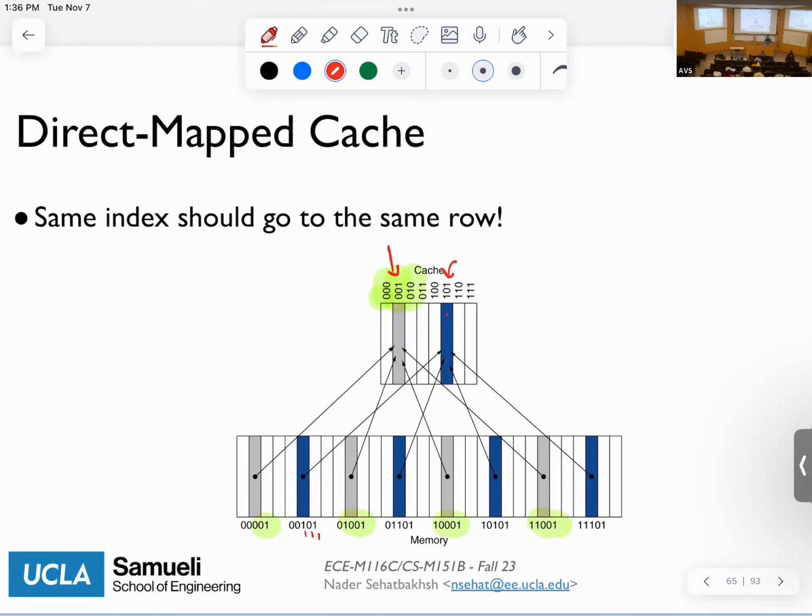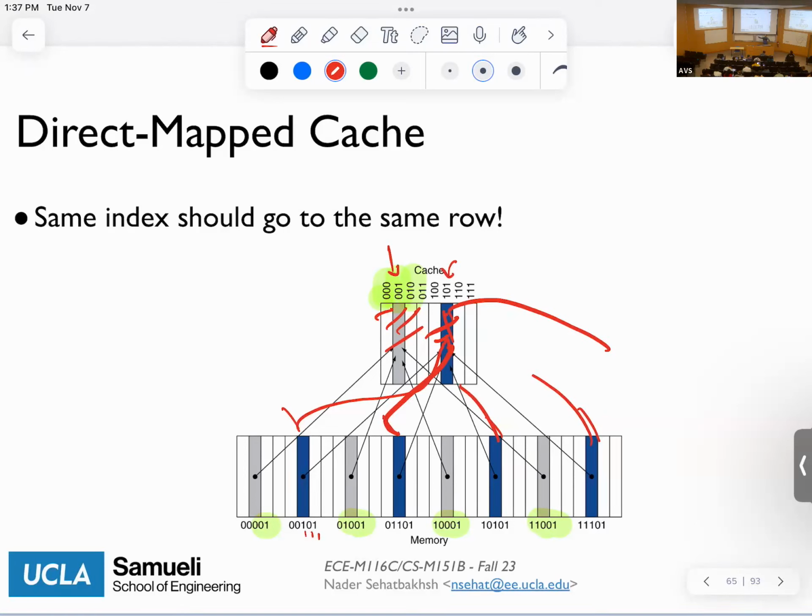So I'm using the lower 3 bits and basically just indexing directly here. But the problem with this approach is that if, for example, my access pattern is this, and this, this one first goes and is stored in the cache. Then this one comes and kicks this one out and replaces it. And then this one comes and this one comes, while the rest of my cache is completely empty.